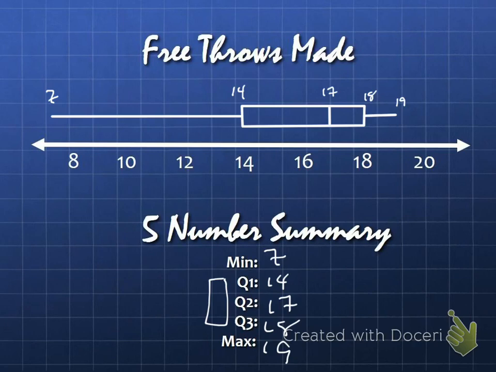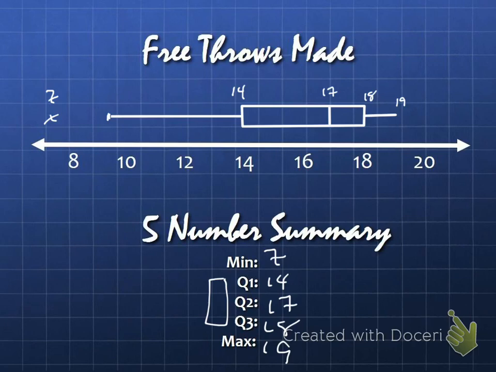And so with a box and whisker plot, if 7 were an outlier, sometimes your whiskers come all the way out to your minimum value. Or if 7 were an outlier, sometimes 7 is out here as an X or a dot, and our whisker will extend down to the next smallest value, just to show that 7 is an outlier.